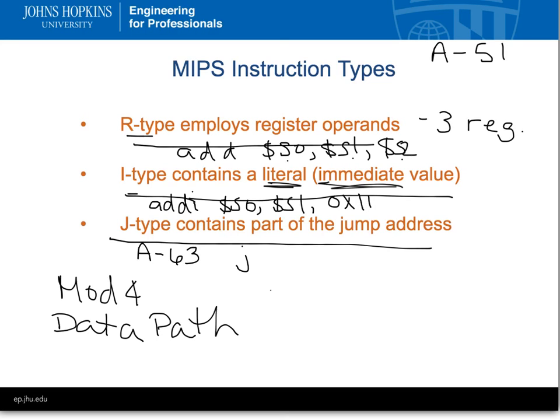You're just going to say jump, and you're just going to give an address. It's actually a 26-bit address, and it would be an instruction address. So this just says jump to this address in memory.